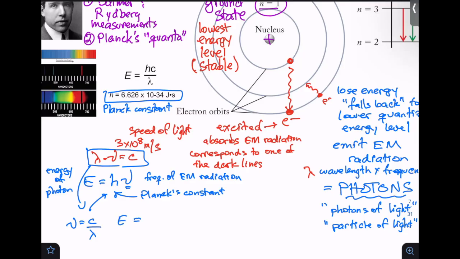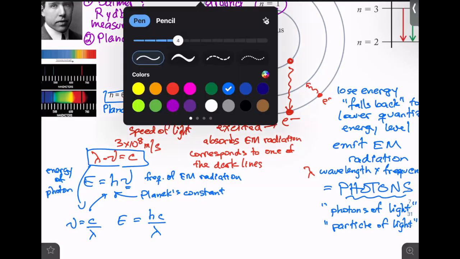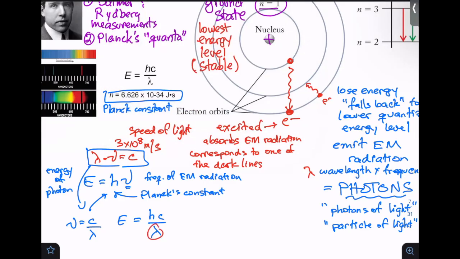If I substitute that in, I'm going to get this very useful relationship. The energy of a photon is directly related to 2 constants that I don't have to measure, Planck's constant and the speed of light, divided by the wavelength. So I can now visualize the wavelength and directly relate that to what the energy of that photon is.